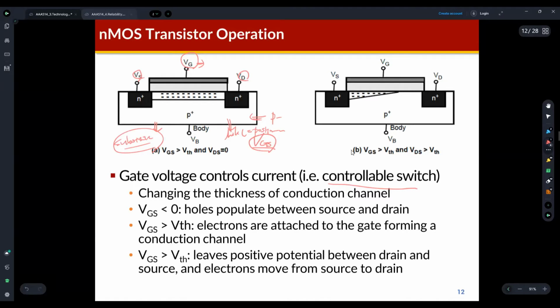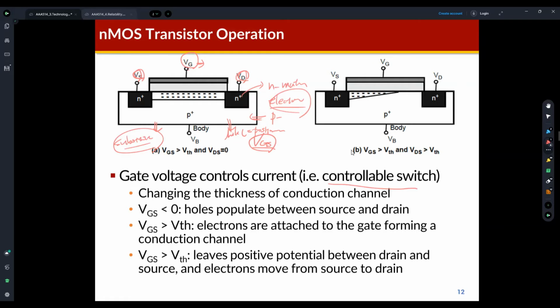And the source part and the drain part are doped with N material, which means this N material has more electrons, so the minus charge, the negative charge.